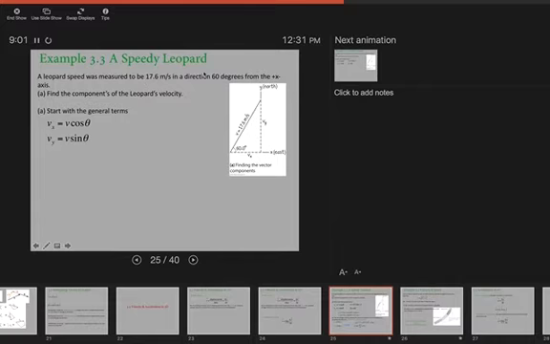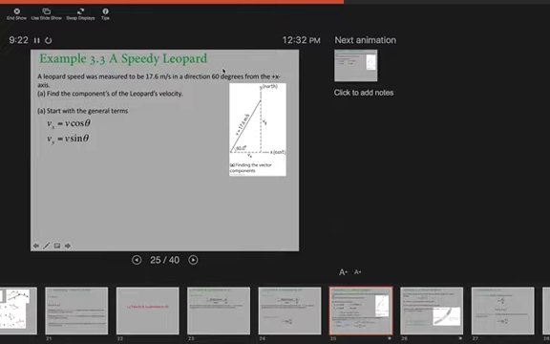And because we have already discussed the trigonometric functions before, we can find vx and vy. You can even memorize this formula. So vx is v cosine the angle, vy is v sine the angle. What is v? It is the scalar speed, which is 17.6. What is theta? It is the angle which is 60 degrees.